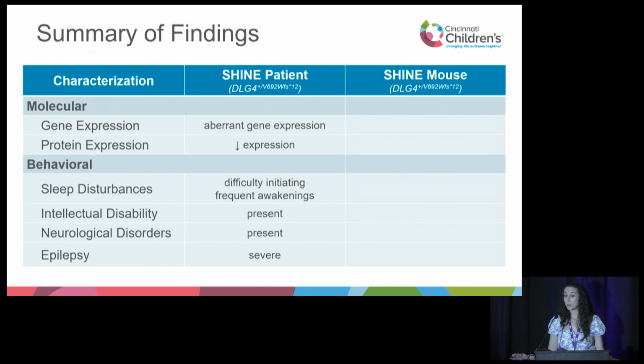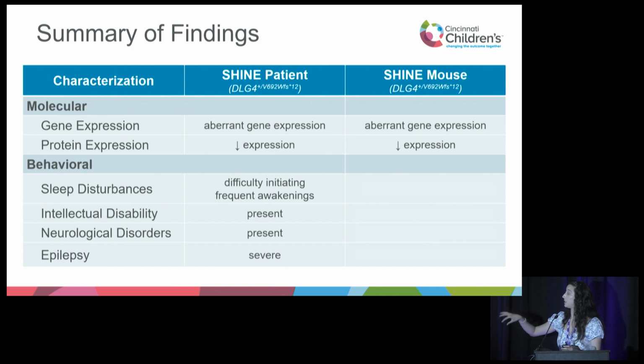So that's where we're at with evaluating our mouse models so far. I'm just going to do a very quick review and show you how we were able to really recapitulate a lot of the symptoms we see in our patient in our mouse. So we know that our patient has aberrant gene expression of the variant, and we see the same thing in the mouse. When we look at protein expression in the patient, we see that it's decreased, and we also see decreased PSD95 in our mouse.